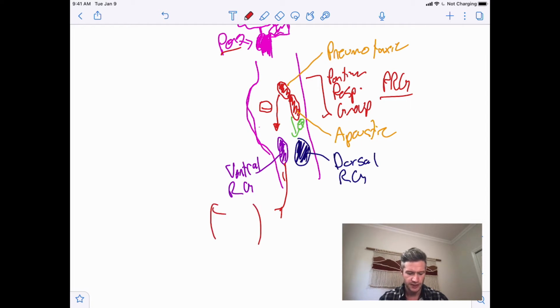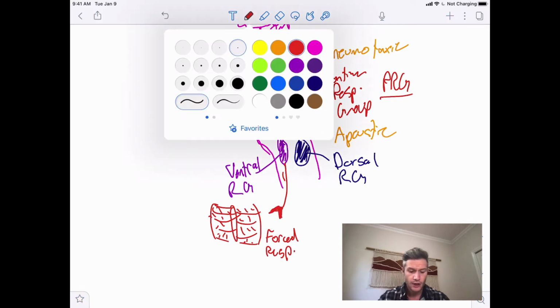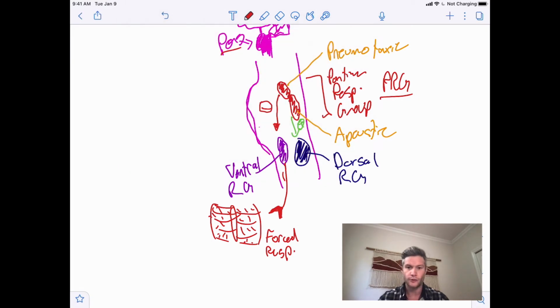So if we have our ribs here, our sternum, and of course there are the intercostals in between, just as one example of accessory muscle groups are the intercostal muscles. When we have forced respiration, and this is going to be important as we move forward, that's a main stimulator for that. On the other side, for the dorsal group, that's our dorsal respiratory group.